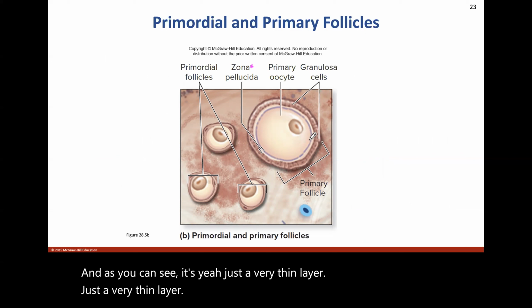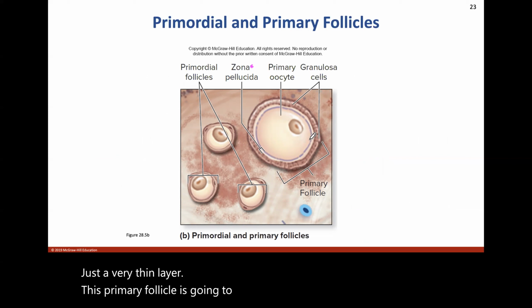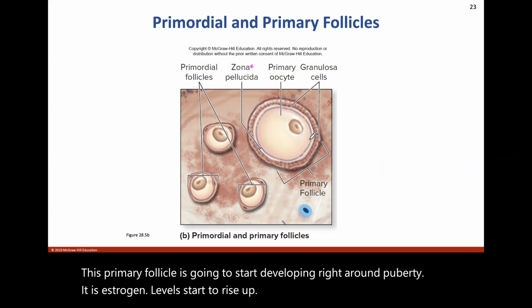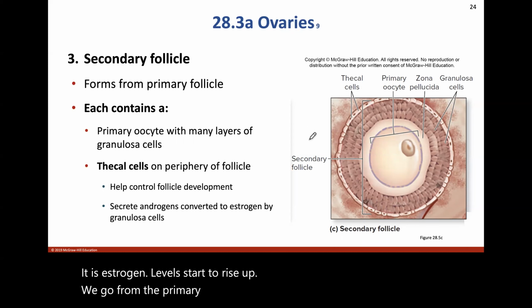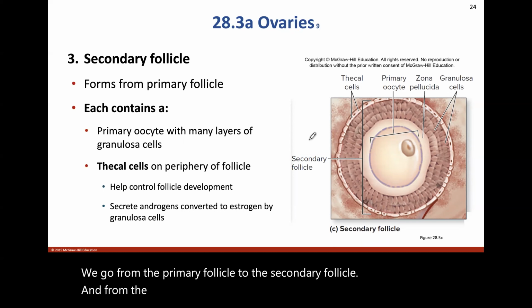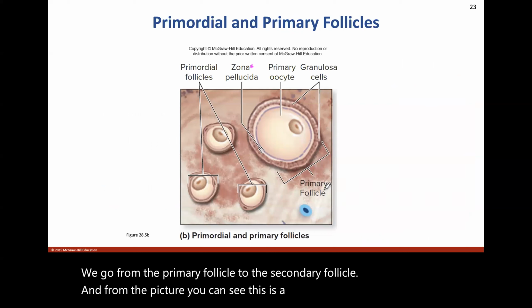This primary follicle is going to start developing right around puberty, as estrogen levels start to rise. We go from the primary follicle to the secondary follicle. From the picture, you can see this is a drastic change from the primary follicle right here.